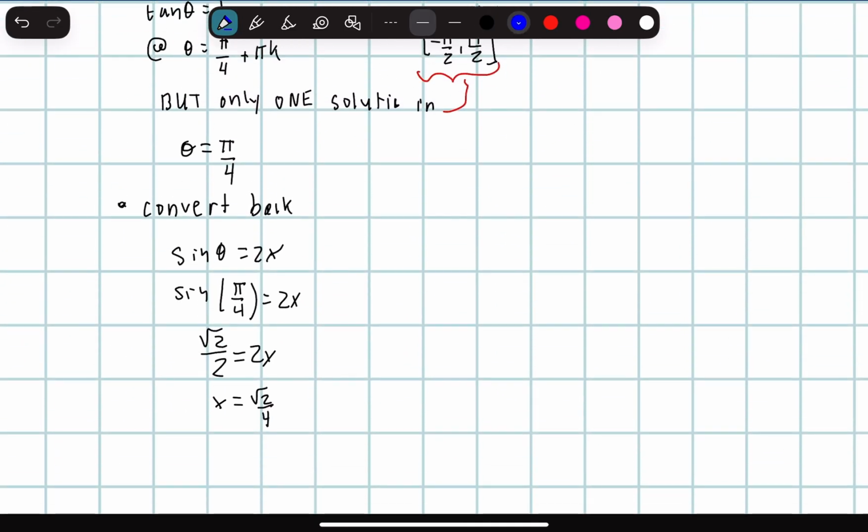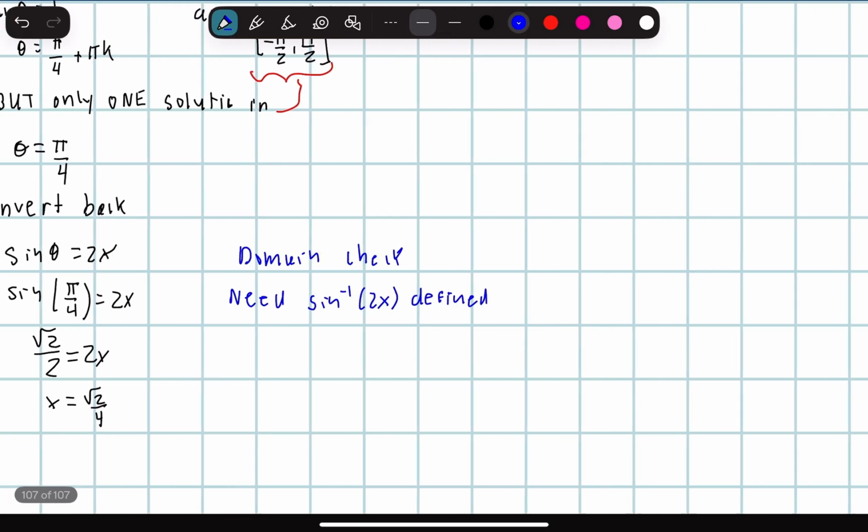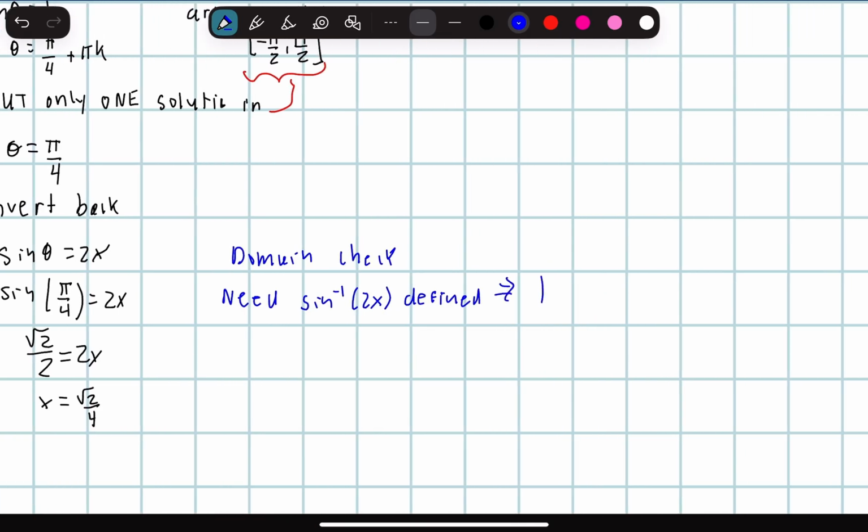Now we can do a domain check. We need sine inverse of 2x to be defined, so 2x less than or equal to 1 becomes x less than or equal to 1/2, and that's true.